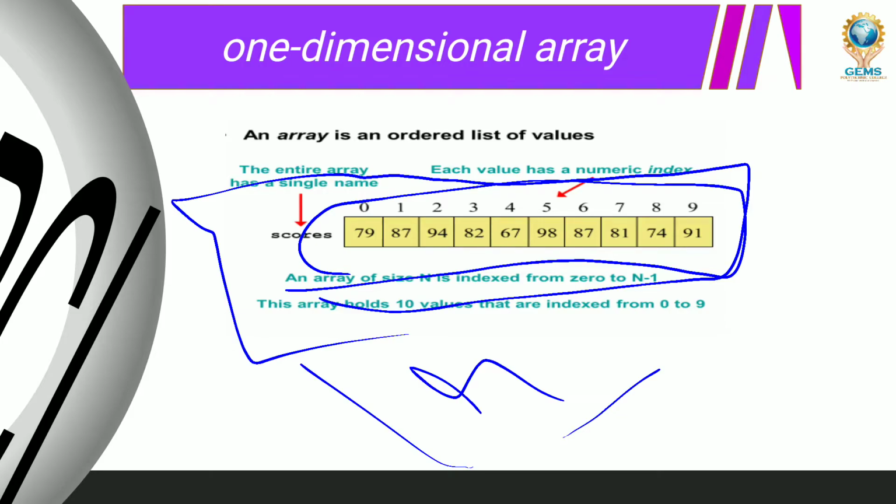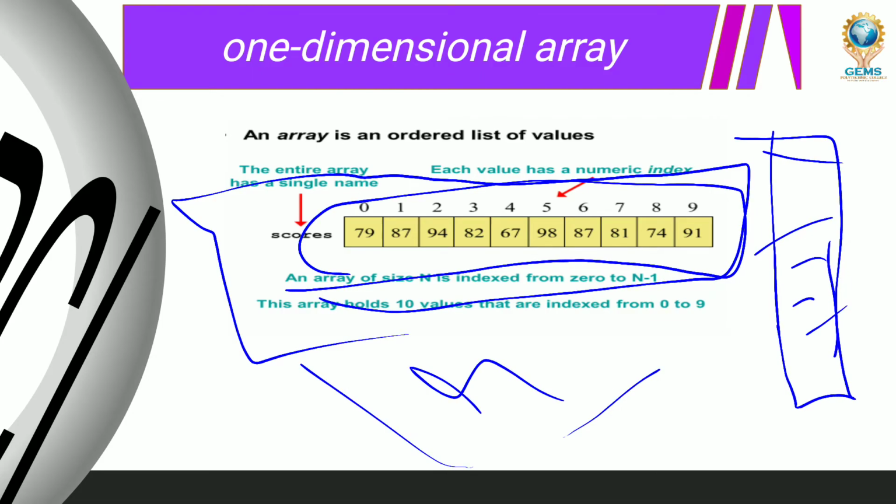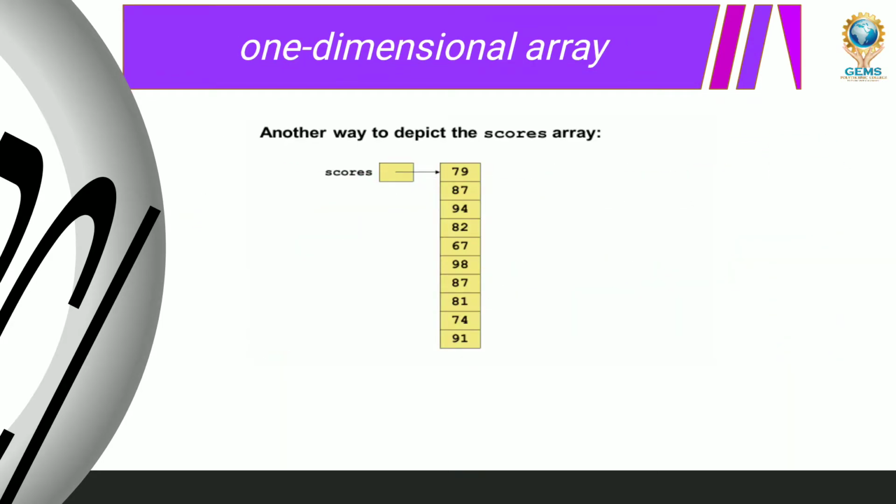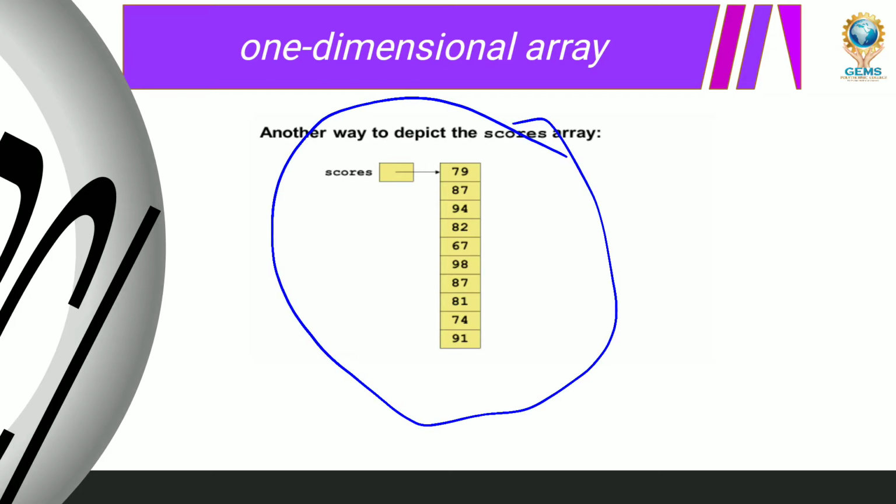But if we want that array in a vertical way, we have to use the slash n. When you use slash n, each time a new line will appear, then it will come vertically. So what you have seen is a vertical one-dimensional array, and the previous one is the horizontal one-dimensional array. This is a one-dimensional array representation.